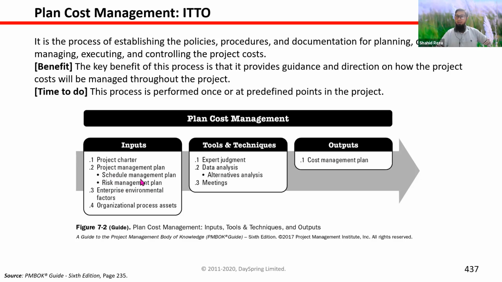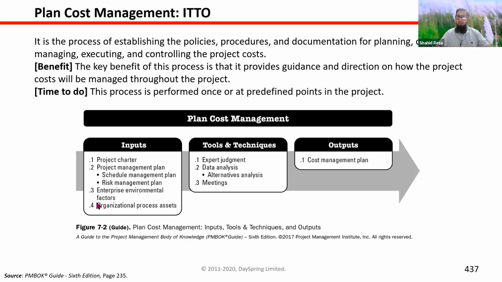Then scheduling is very important, right? Because you need to know the duration of every task, the duration of the project. That will help you to estimate the project budget, and also the risk management plan. Because if you don't manage risk, risks can increase the cost of the project. So the risk management plan needs to be considered.